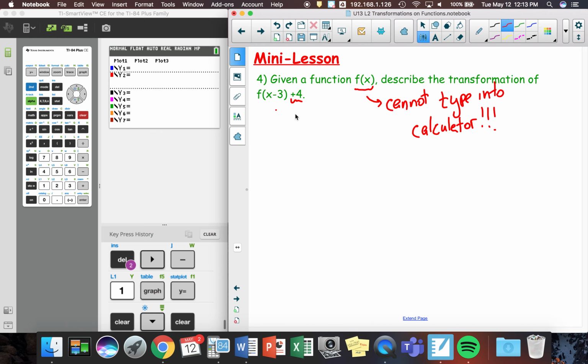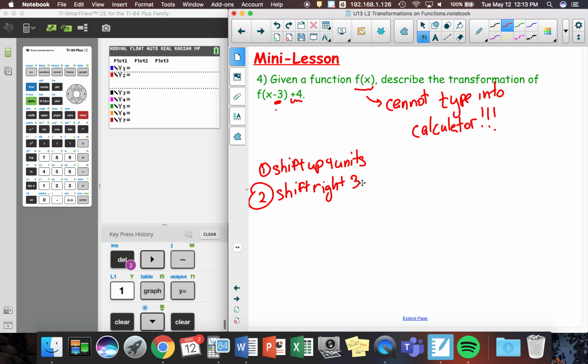We have this plus 4 on the outside. We know what that plus 4 means. So we know that it's going to shift. Since it's plus on the outside, it's going to go up 4 units. I have this minus sign on the inside. So shift, since it's minus, I know it needs to go right.